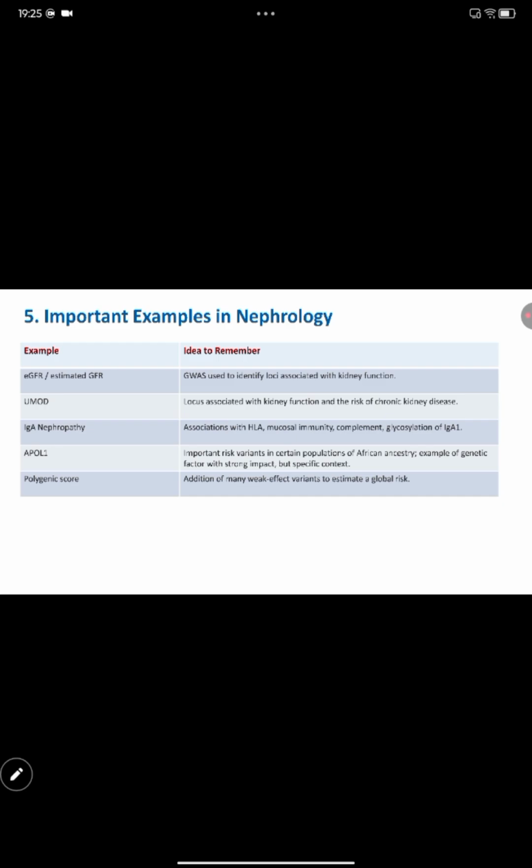And finally, we must talk about polygenic scores, which combine many small-effect variants to estimate an overall risk. These are some examples of using GWAS studies.